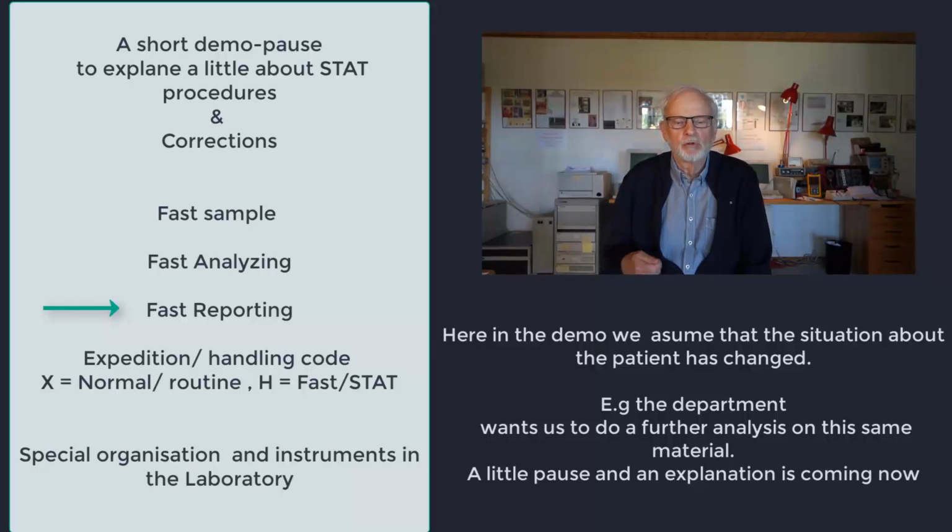For example, for routine results you can wait until all the results for that requisition have arrived and then print it out. For stat analysis, you can do it more frequently, not waiting for all the other results for that requisition. You can have more handling codes than just the two I have mentioned, and you can have different printing parameters depending on which department and also what time you are printing the results.